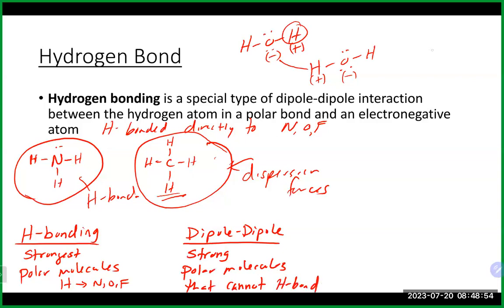So if I had something, say like this, that is a polar molecule, yes. It doesn't have the ability to hydrogen bond, so it would use dipole-dipole interaction in this case. Again, it does have a hydrogen, but that's a carbon-hydrogen, which is nonpolar. So that would use dipole-dipole interaction.